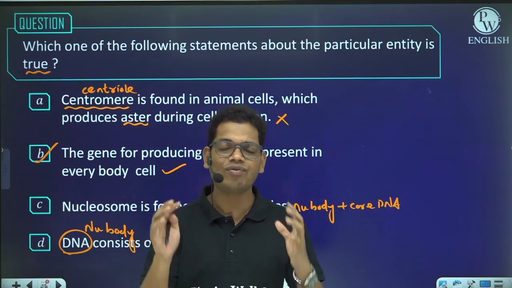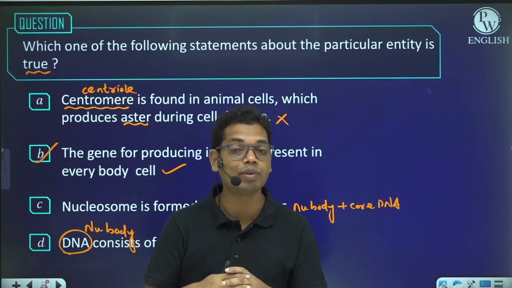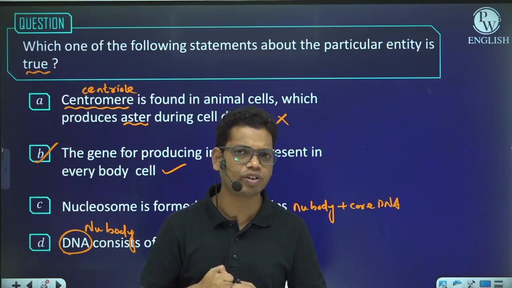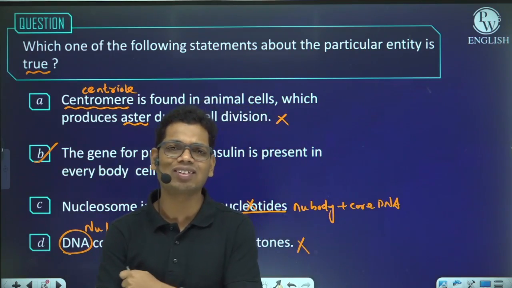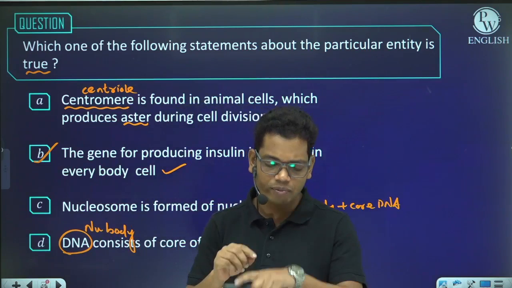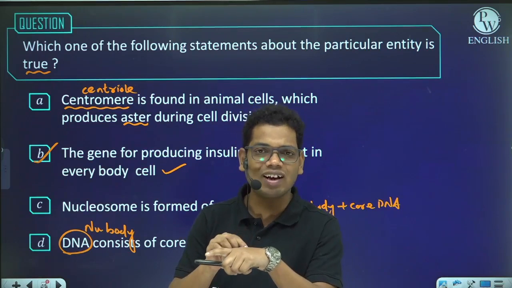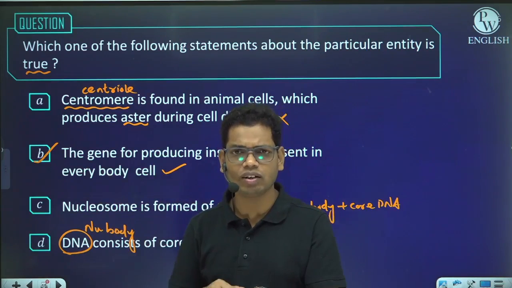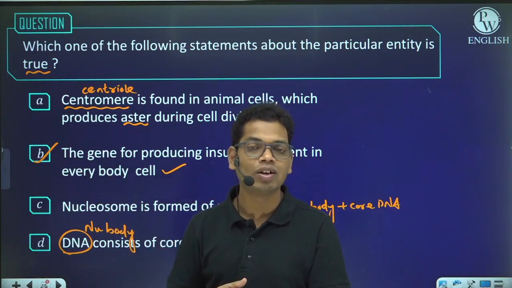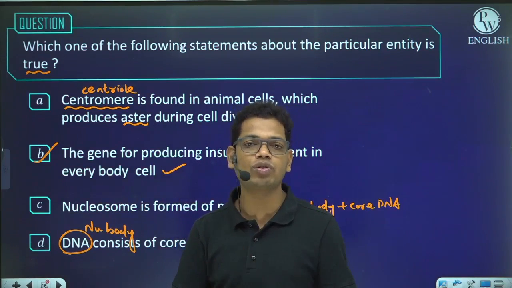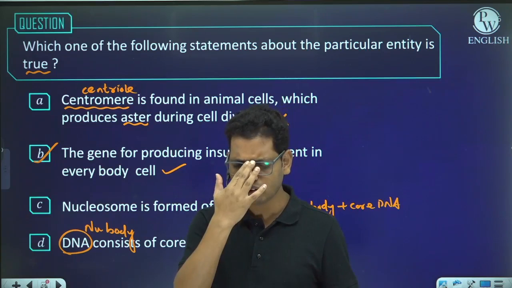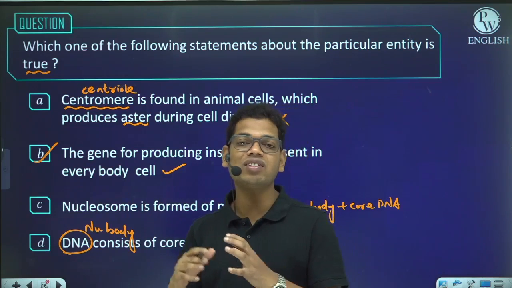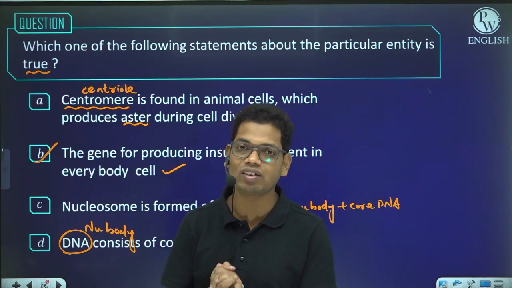Every cell of the body of an organism has the same set of genes. So you may wonder, if the skin cell has the same gene as the beta cells, then why does the skin cell not produce insulin? Because of the differential transcription.